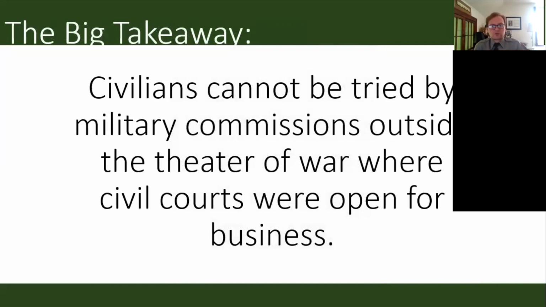His opinion, which was handed down in December of 1866, nearly a year and a half after Appomattox, held that civilians should not be tried by military commissions outside the theater of war while civilian courts are open for business.